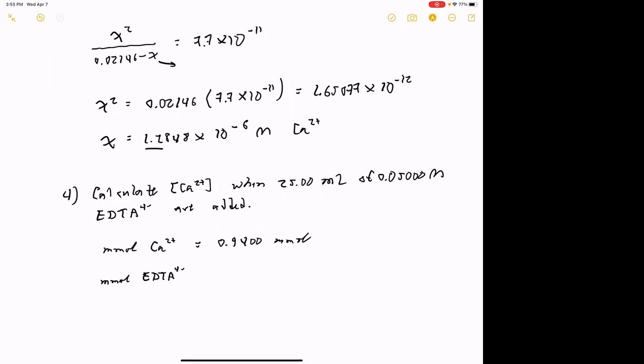So that's the volume of it, 25 mils that I put in there, times the molarity of it, 0.05 millimoles of EDTA per mil.